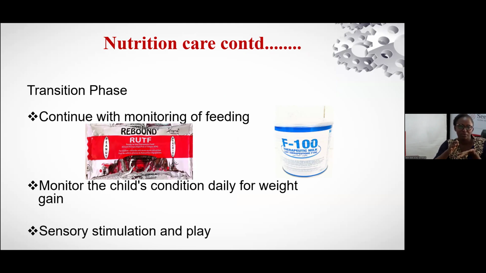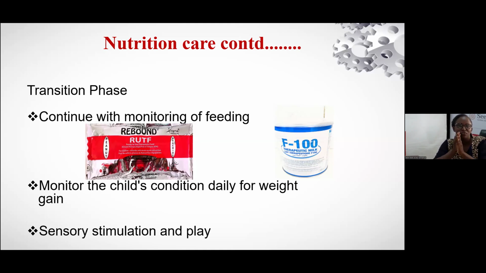That's when you say that now I can transit, because from one level you go to another level. Formerly, we didn't want to overwhelm the system. We wanted a feed with low kilocalories and low protein. But in the transition phase, it's where we want this child to gain some weight.